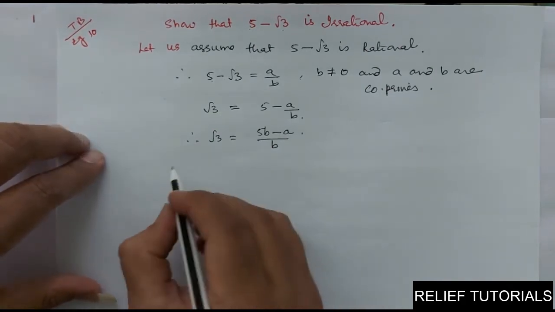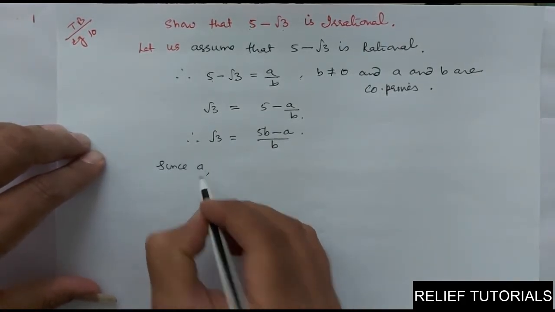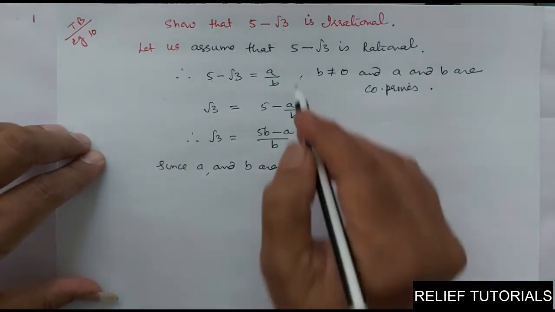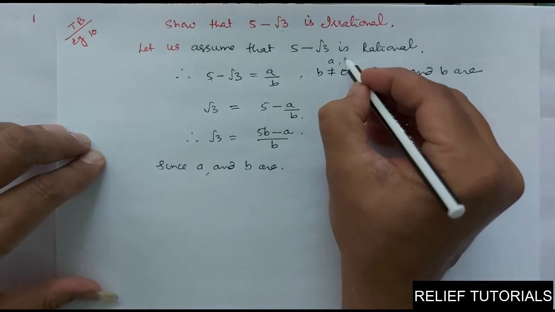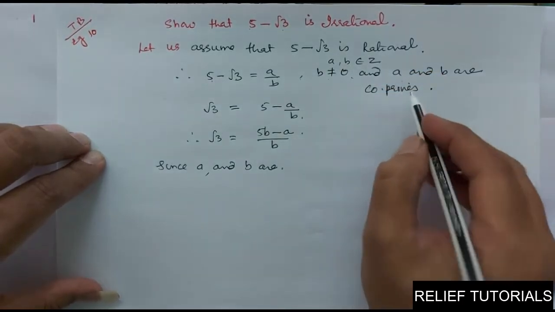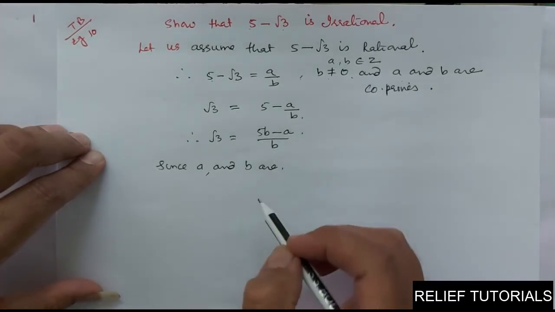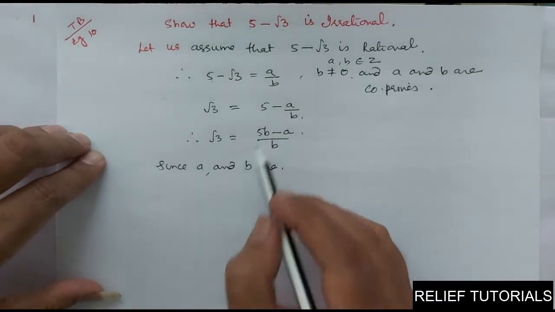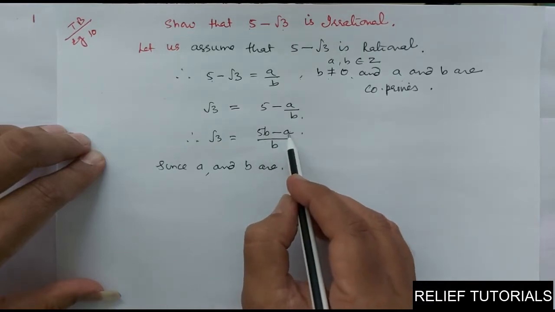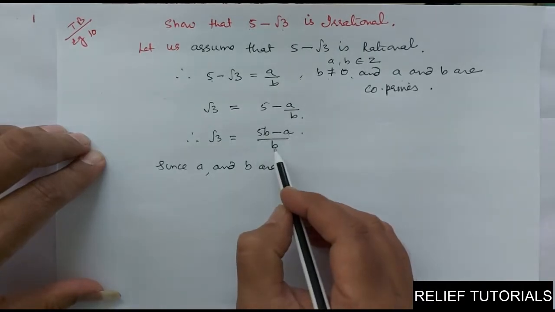Okay. Now since a and b are integers, I have told you a upon b, a comma b belongs to Z, b is not equal to 0 and a and b are co-primes. Now this a and b are integers, so 5b is also an integer, 5b minus a is also an integer, b is an integer.